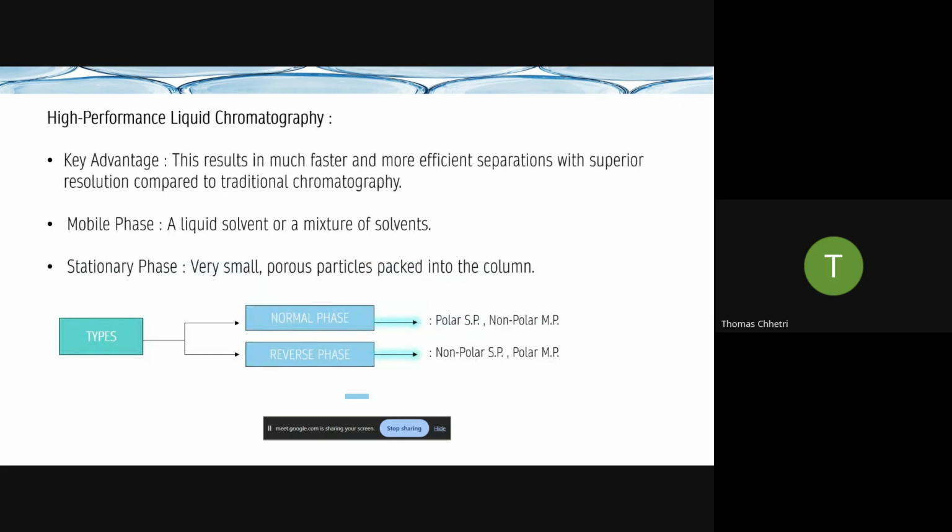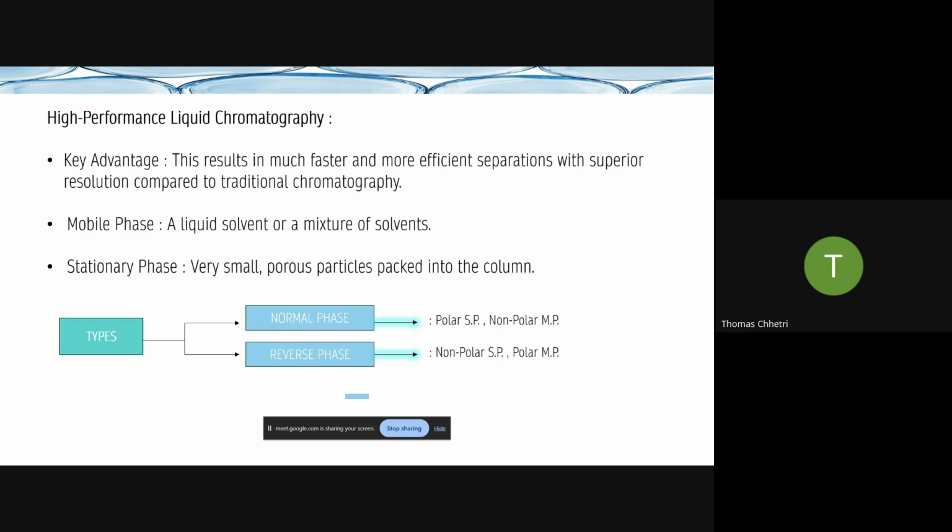Key advantage of high-performance liquid chromatography is that it gives much faster and more efficient separations with superior resolution compared to other traditional chromatography techniques. The terms mobile phase and stationary phase we were talking about: the mobile phase is simply a liquid solvent or a mixture of solvents.